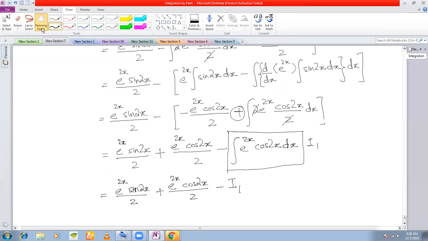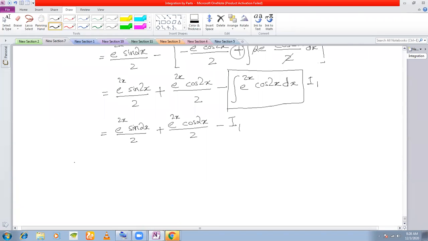Okay, so what are we getting? Thus, we are getting I1 as e to the power of 2x sin 2x by 2 plus e to the power of 2x cos 2x by 2 minus I1, right?